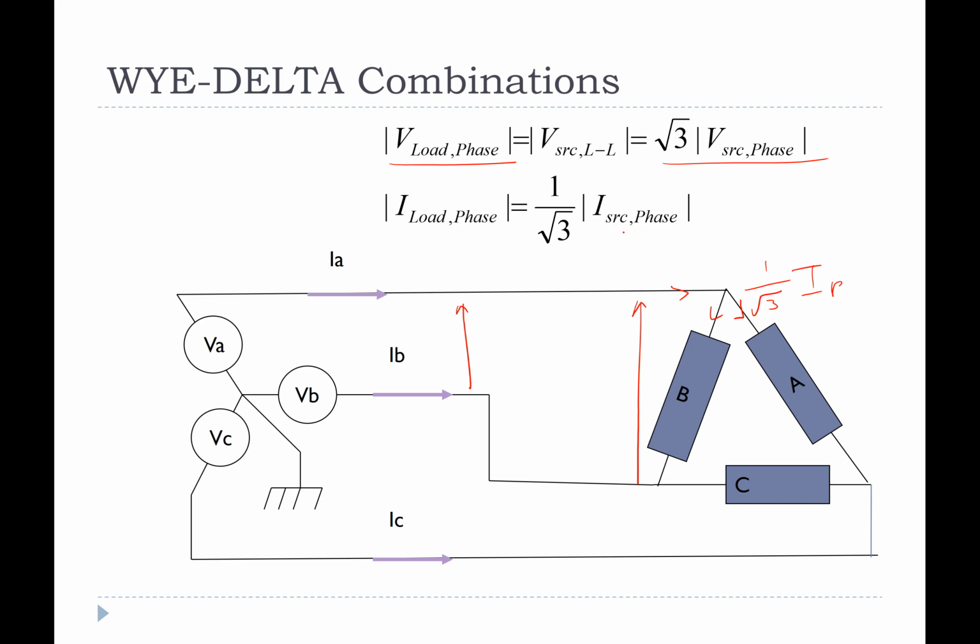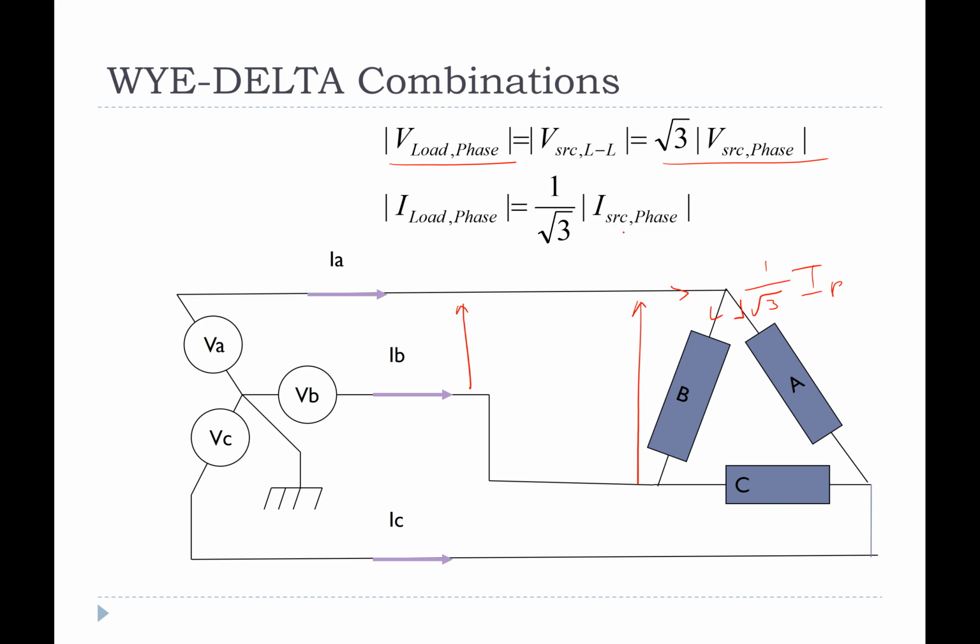If we look at a delta or a Y simply as a black box with three terminals coming out of it, the question is whether we could replace the three components, the three resistors or the three impedances in a Y, with a delta configuration, and the impedance looking into these points would remain the same, so that if you connect it to a source, you'll get the same voltages and the same currents.